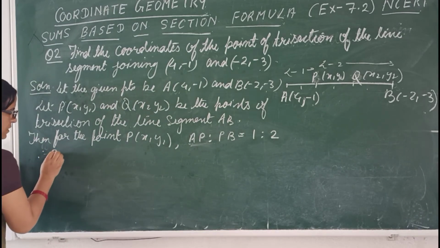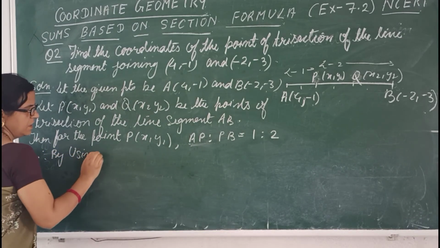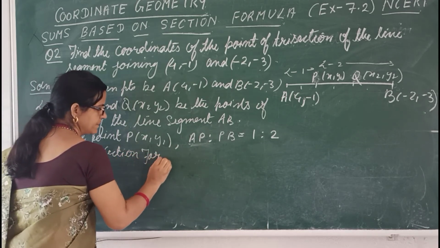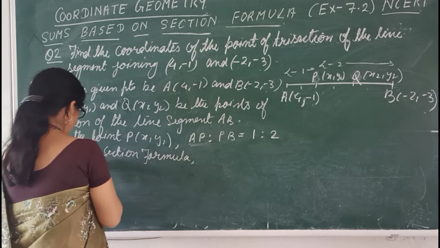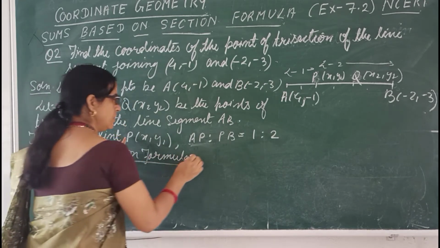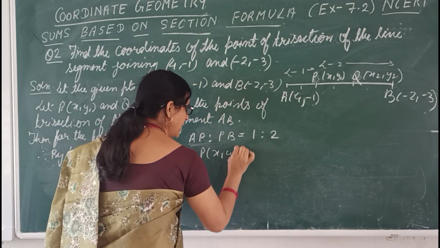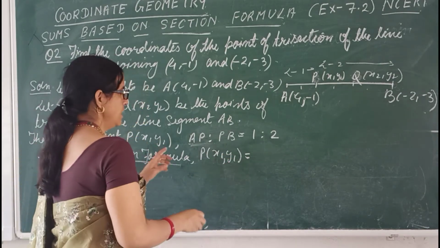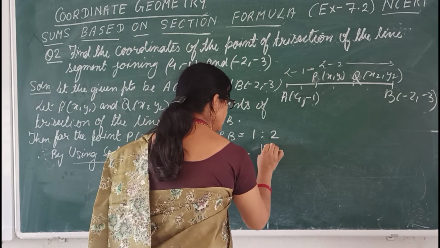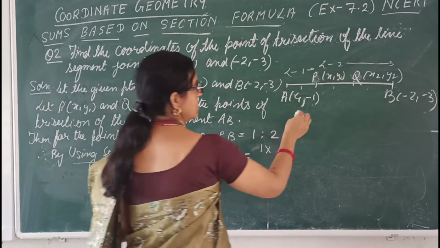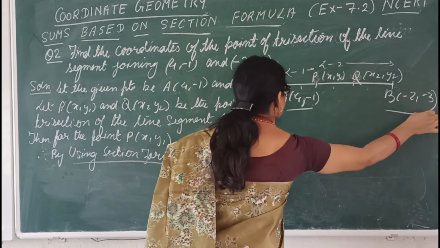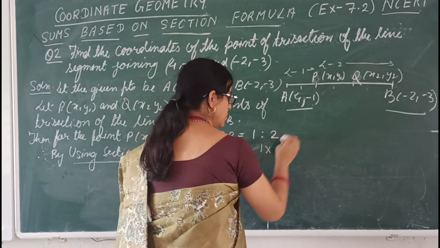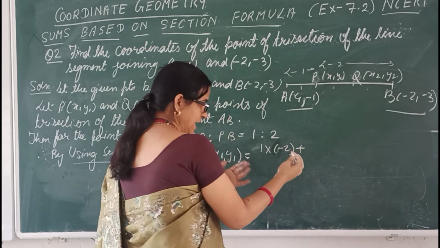Therefore, by using the section formula, we can write P (x1, y1) equals to, now here directly I am utilizing the formula. m is 1, x1, see over here, these two coordinates, x1 is 4, mx2, so x2 is minus 2, plus nx1.